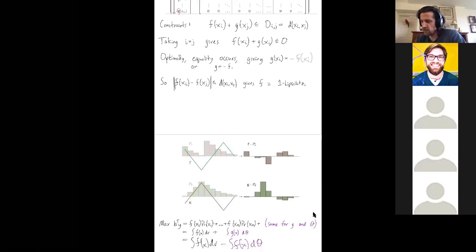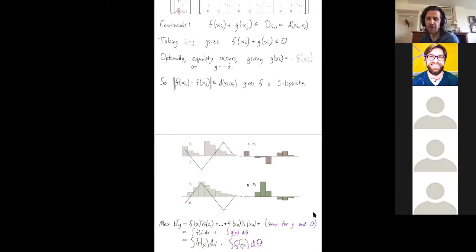You want to have the maximal possible value of integrating f with respect to R minus integrating f with respect to theta. In other words, you want f to be large where R has large mass, and you want f to be small where theta has large mass, but f can't change too quickly.